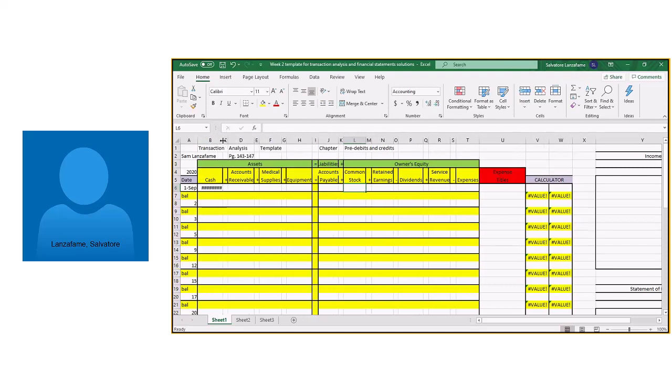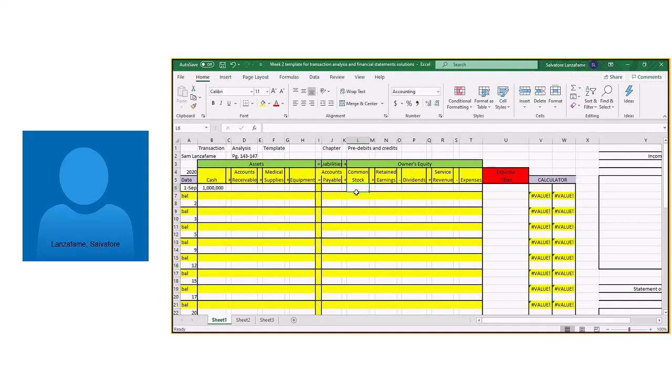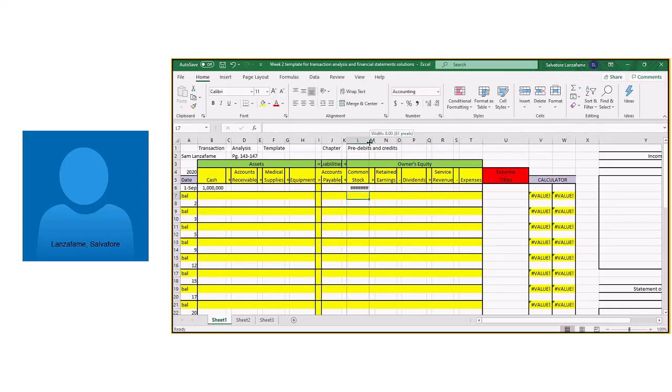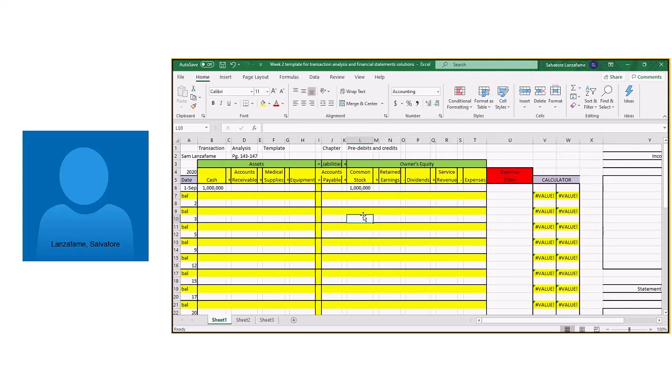Just stretch it a little until those numbers appear. The same thing goes for the common stock. Whenever owners buy into the company by giving the company money, the company now has that cash, and the stockholders have stock that represents their ownership.